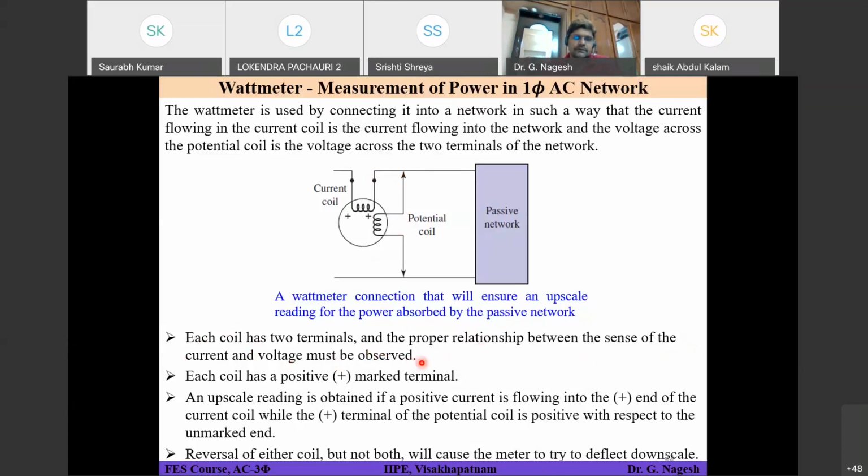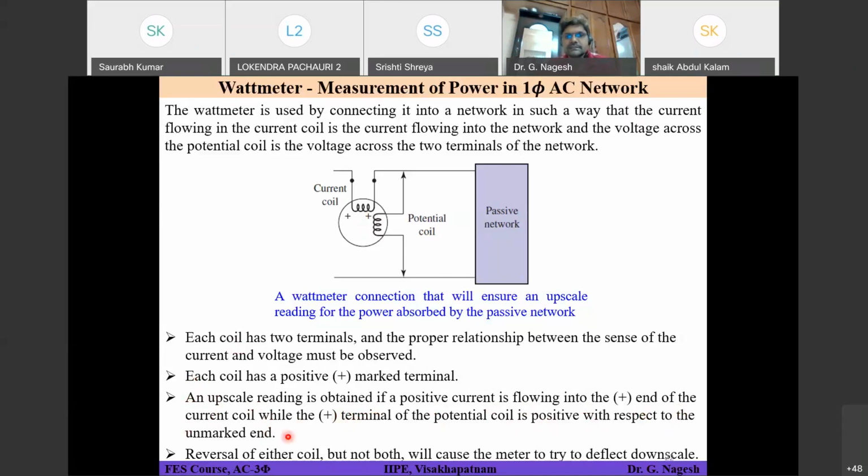Each coil has a positive marked terminal. As you can see here, both coils are given with some positive marked terminal. An upscale reading is obtained if a positive current is flowing into the positive end of the current coil, while the positive terminal of the potential coil is positive with respect to the unmarked end.